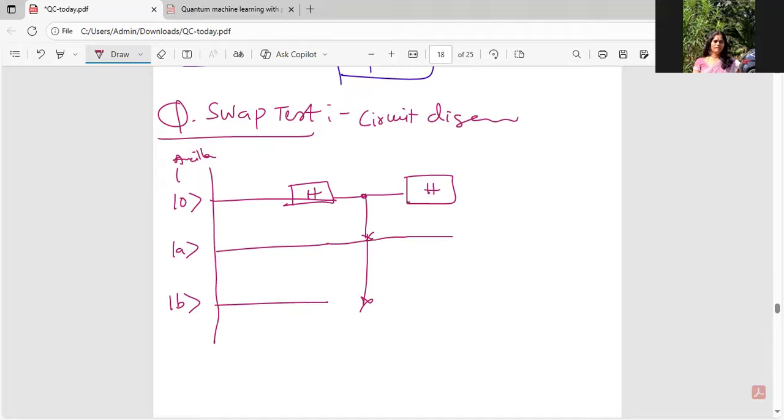I can just give you the explanation as well. We denote like this. This is the circuit diagram for quantum swap test.